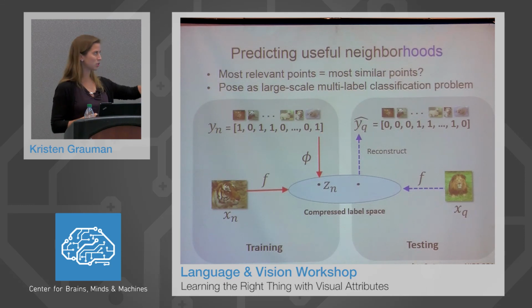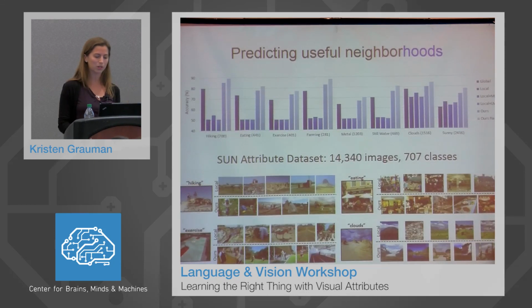So what this machinery is, is an efficient way to allow us to extrapolate or to predict for a new image what is the neighborhood I ought to be using to do training. Okay? So this is a new way to look at local learning where you don't assume nearest neighbors are the answer. It's going to be a combination of neighborliness, and also what's learned about what makes a good neighborhood for a given test point. And we can show again that this helps our results across the board for some important attribute cases.